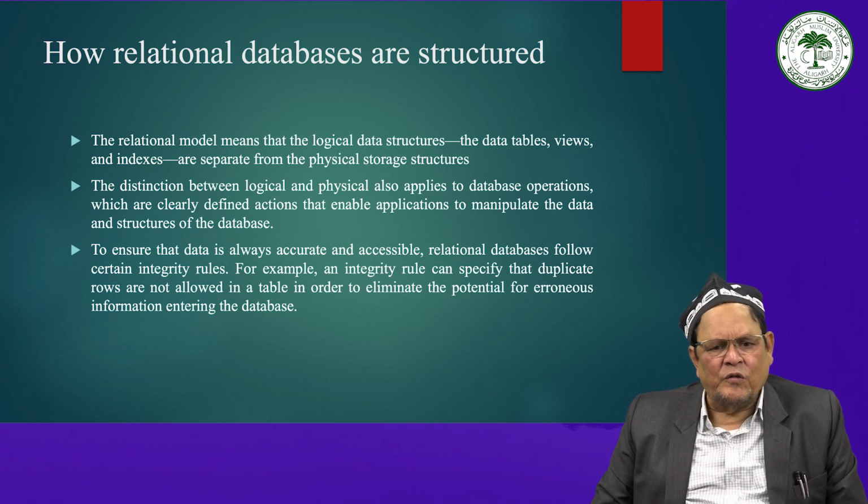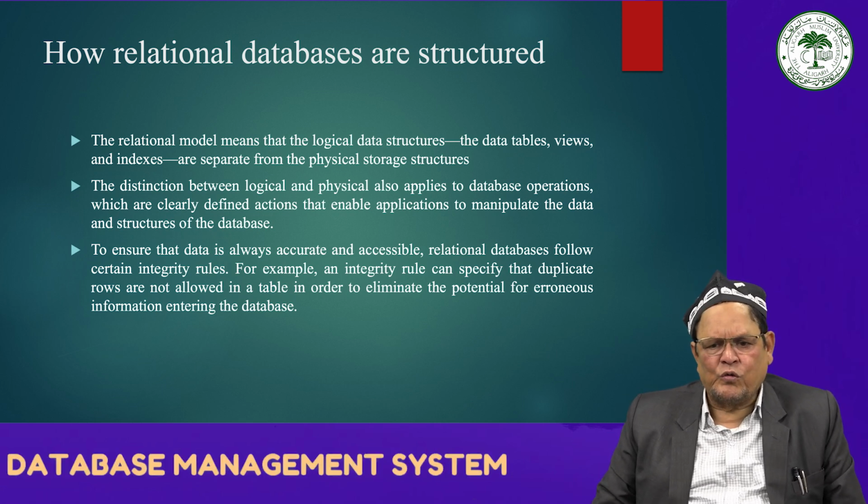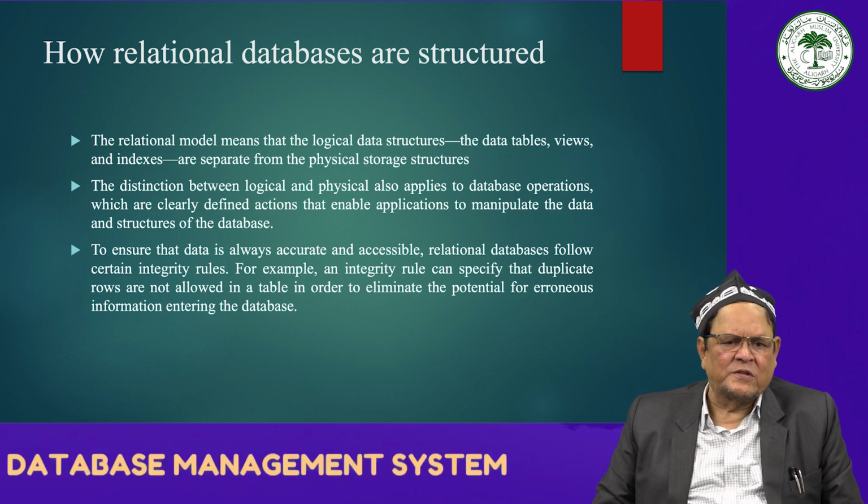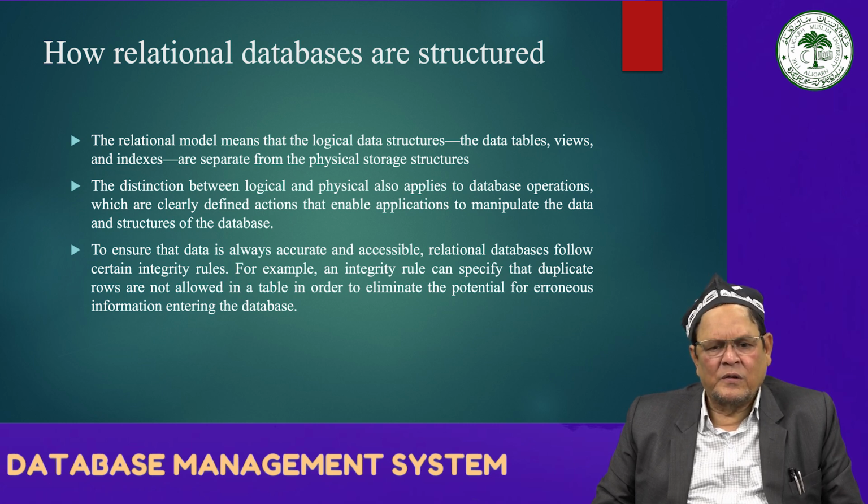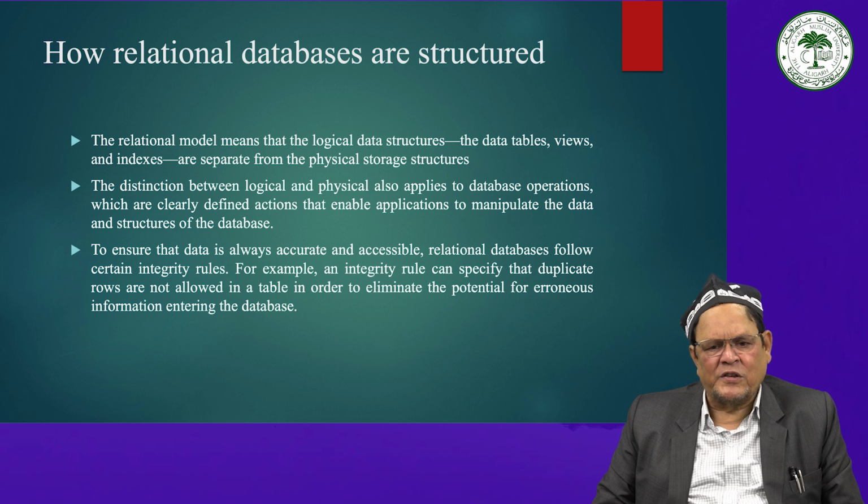The distinction between logical and physical also applies to database operations, which are clearly defined actions that enable applications to manipulate the data and structure of the database. Logical operations allow an application to specify the content it needs, and the physical operations determine how the data should be accessed and then carry out the task.